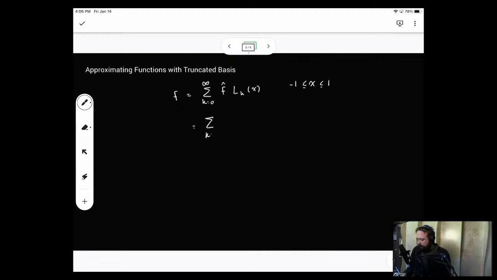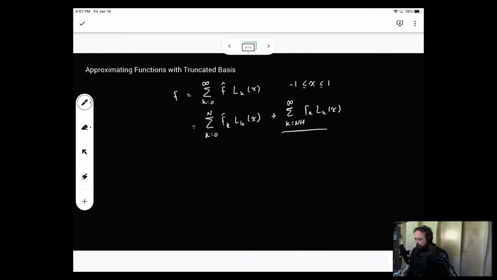So you'll do a finite sum using those modal coefficients, right? And of course, whatever is left over is the error. So if I split that sum up to n, then I have the remainder, that sum from n plus 1 off to infinity of f hat k, L k of x.